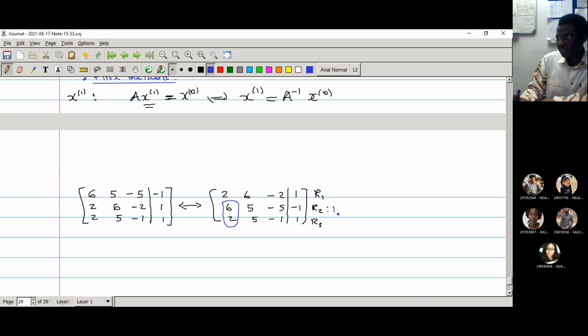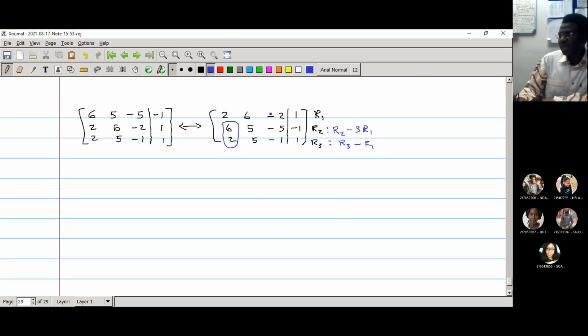You keep the row R2, and then you multiply the pivot row, which is the third one, by 3, and you subtract. And for the last one, you just subtract the first row from that.